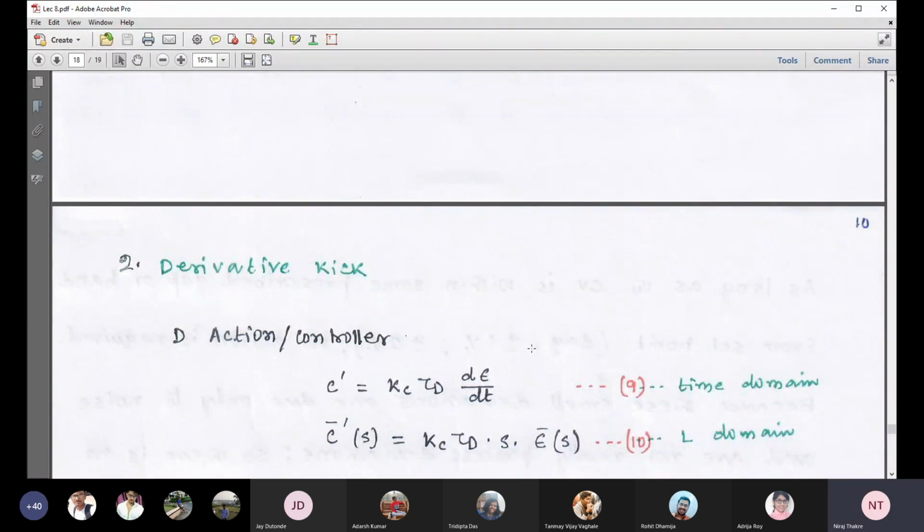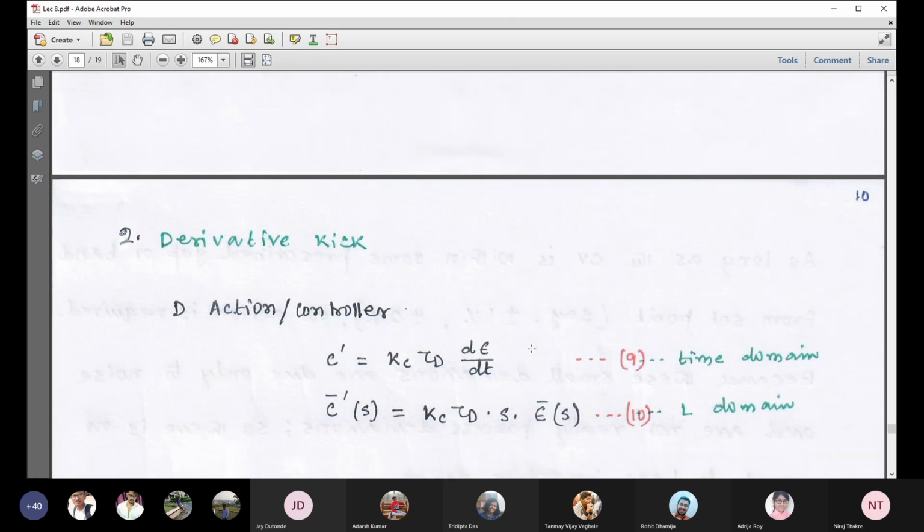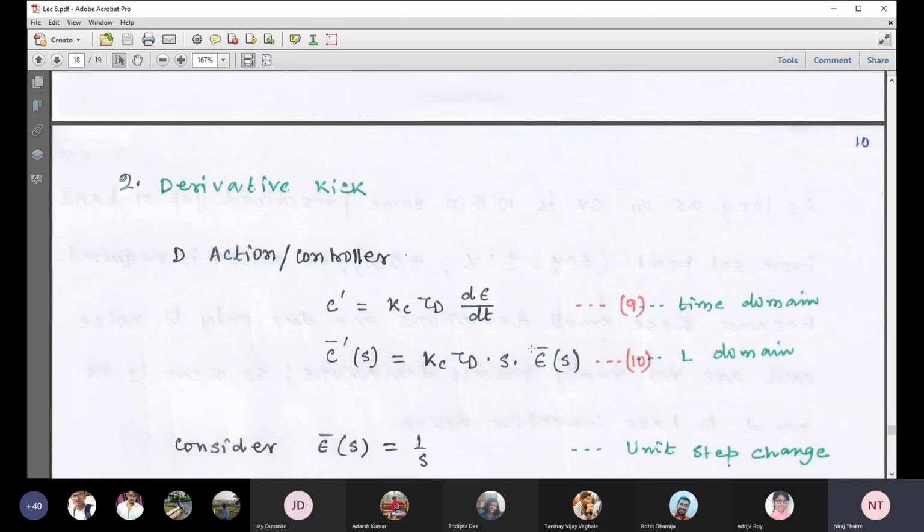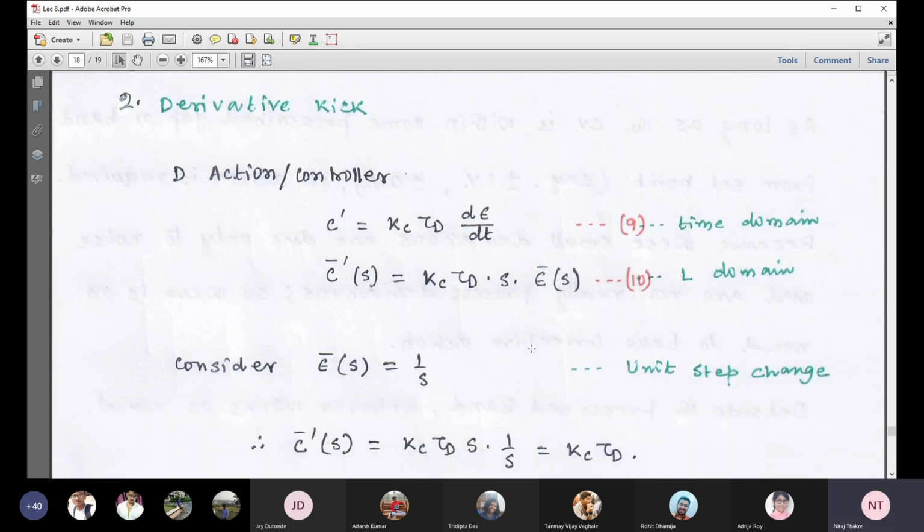Then we have equation 10. Now, as I told, we want to introduce a unit step change in error signal, that means epsilon bar equal to 1 by s. Then equation 10 gets this form.